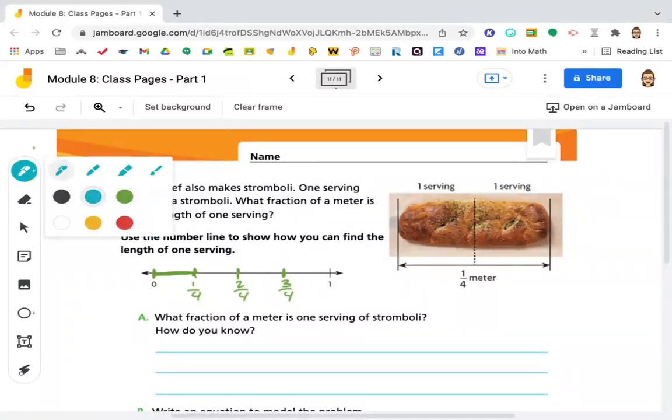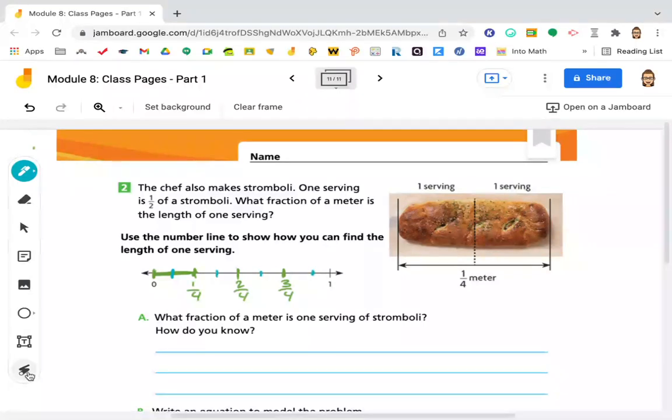Now we want half of that. So we're going to split this in half, but we're going to split them all in half here. So now we would have 1, 2, 3, 4, 5, 6, 7, 8 sections. And this is the first one, so this would be 1/8. So it says, what fraction of a meter is one serving of stromboli? How do you know? So it's 1/8 meter.